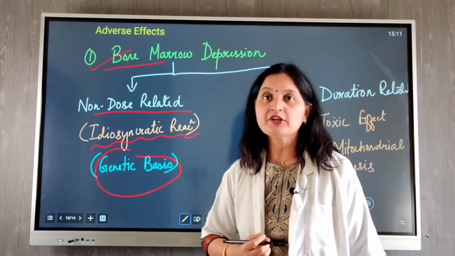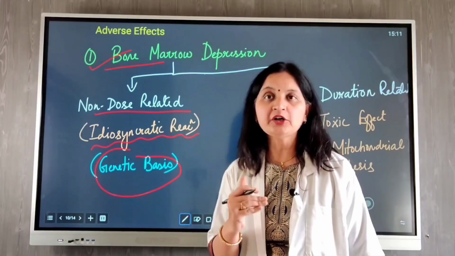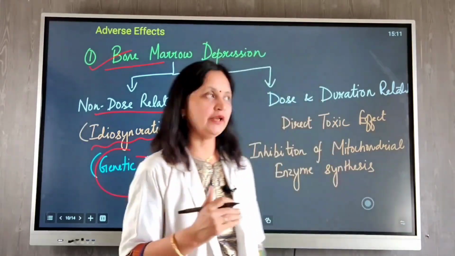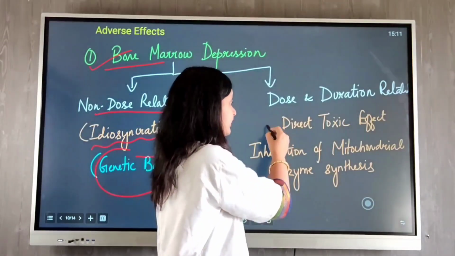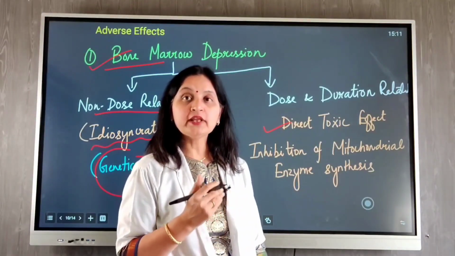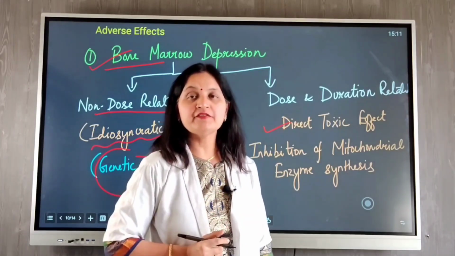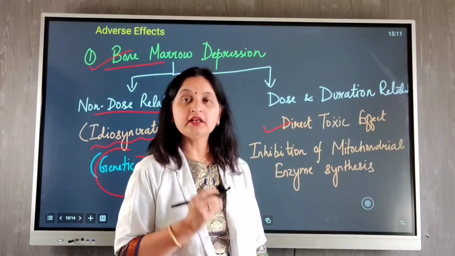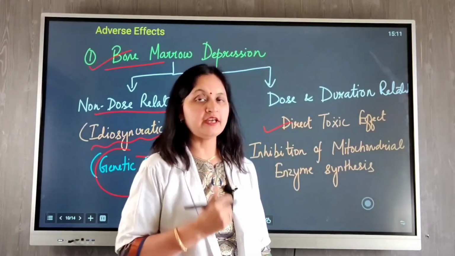Now the bone marrow depression can also occur at higher doses and with prolonged treatment, and this occurs because of a direct toxic action on the bone marrow cells, leading to decreased platelets and bleeding manifestations. Reduction in the WBC count can lead to infections.